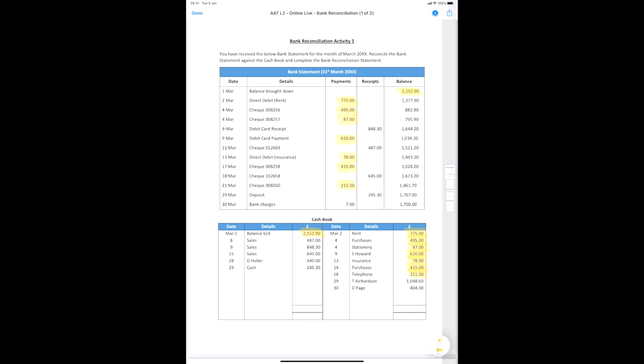Next, we're going to go down the receipts column of the bank statement. So we've got a receipt for £848.30. That's a debit card receipt. We can see that relates to sales. We've got a cheque for £487, which again relates to sales.